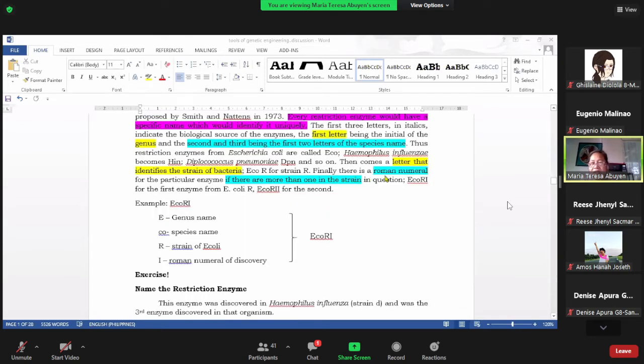Finally, there is a Roman numeral for the particular enzyme if there are more than one in the strain.